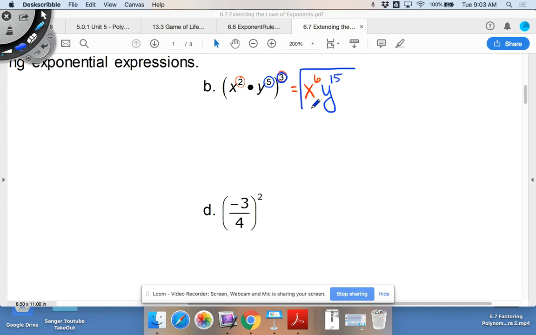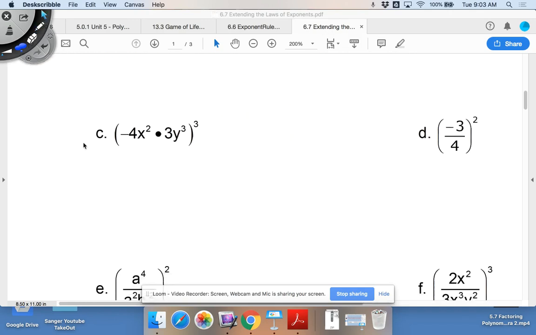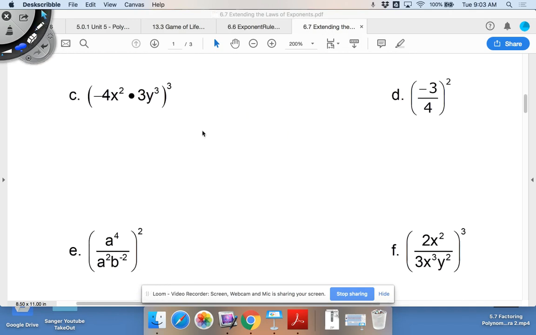And that would be our final answer. If it helps you, I could say X 2 times 3 and Y 5 times 3. And then that's why we got X to the 6th, Y to the 15th, because the power rule says we multiply.